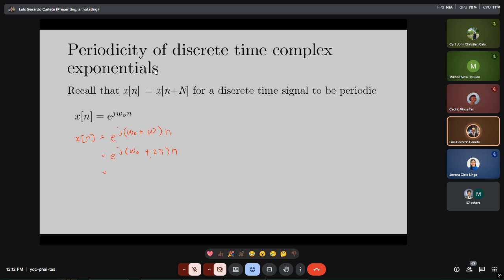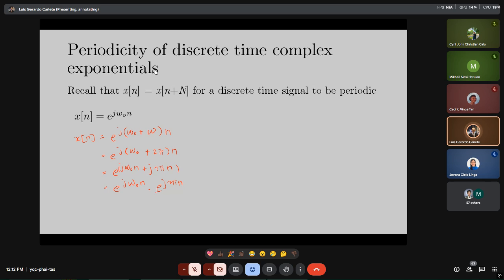This means that we should be able to write this down as e^(j omega o n + j 2 pi n), right? And that's all going to be in quotations. So this means that we should then be able to write this down as e^(j omega o n) times e^(j 2 pi n).